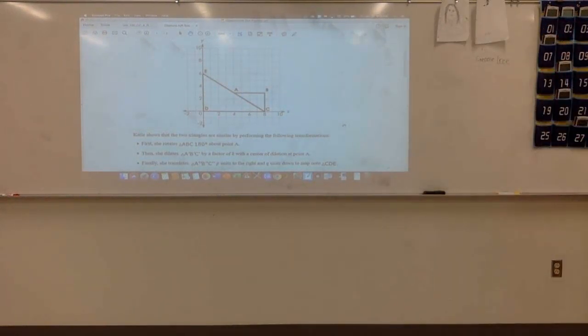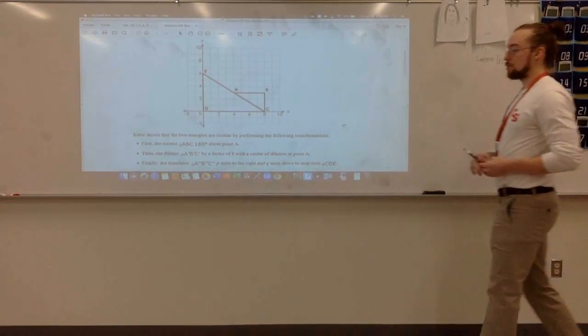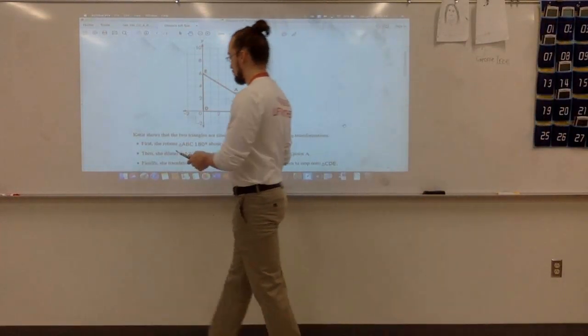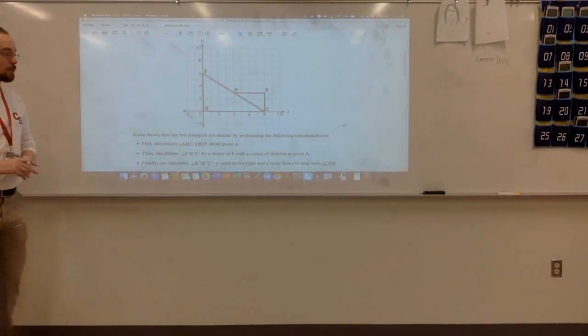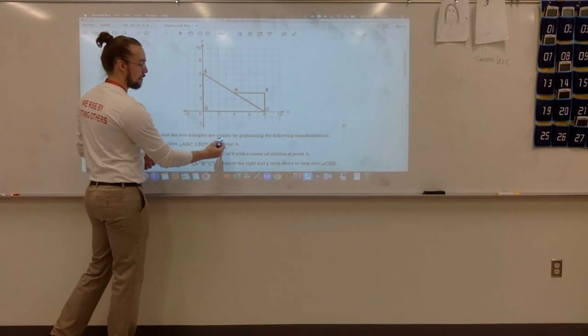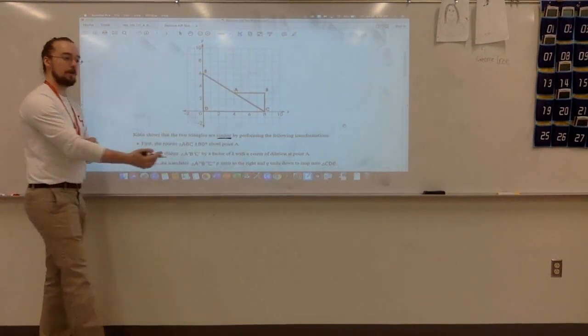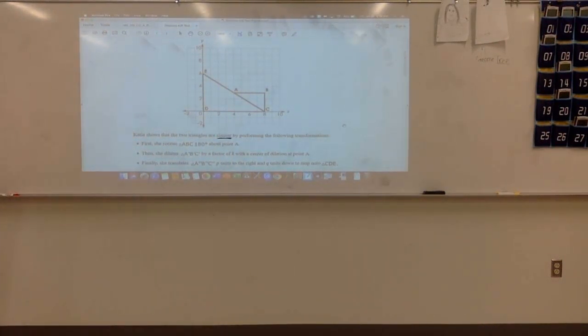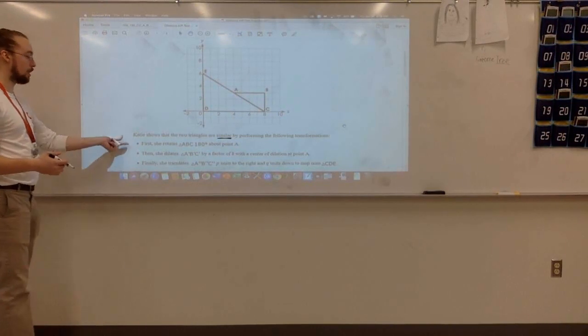This one, we've got two triangles, ABC and DEC. It says that Katie shows the two triangles are similar. Similar is something we have not quite talked about yet. It's coming later in this chapter, but we don't really need to understand what similar is to do this problem, right?